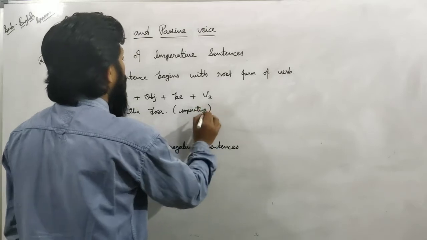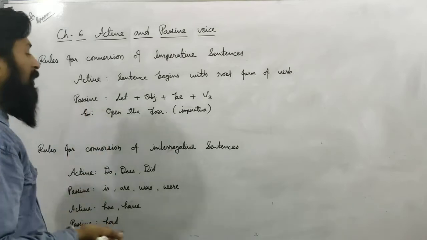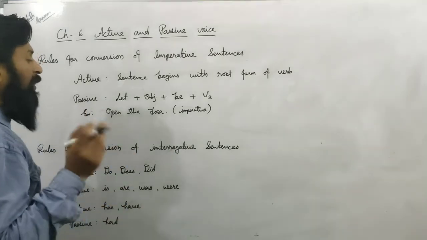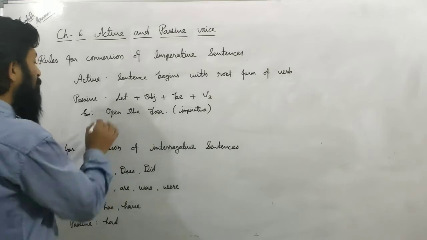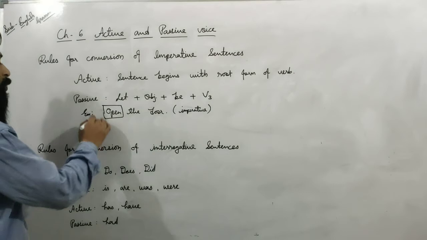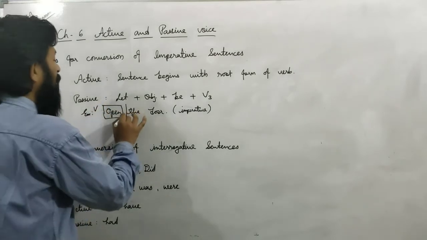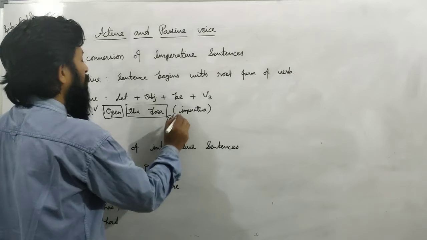Whenever we change this sentence into passive voice, at first we have to identify what the verb is and what the object is. We know that open is a verb, and the remaining part, the door, is the object.